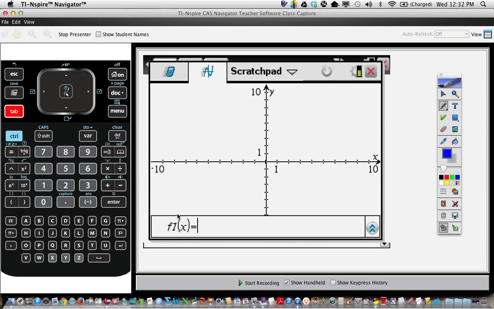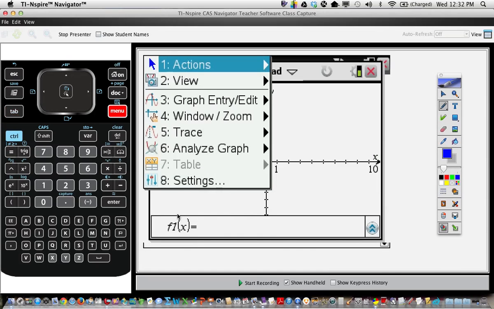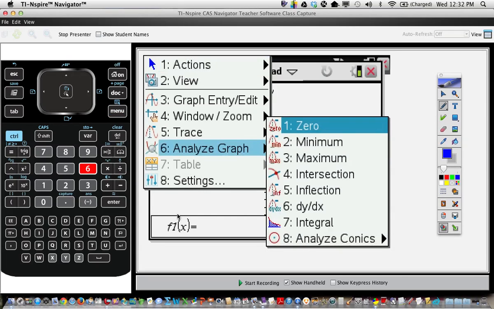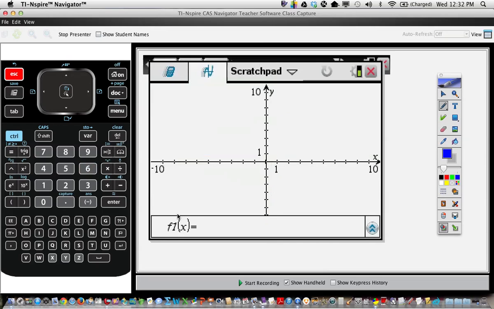You go and you trace, and it'll pretty much tell you where the root is. Also, you can go to menu, go under menu real quick here, Dakota, and then analyze graph, and then zero. The zero of the function is the same as the root, but go ahead and escape out of there. We won't worry about that now, but you can find the roots, find where it crosses the x-axis.